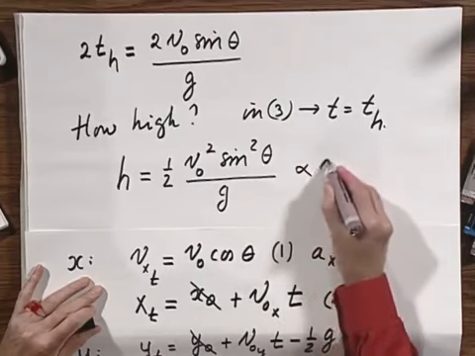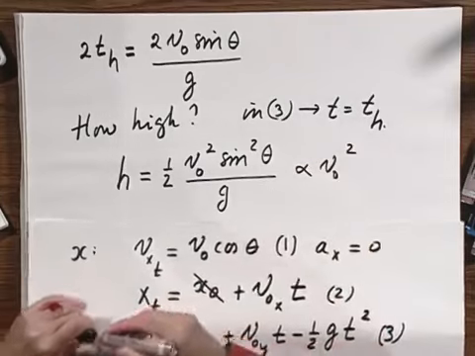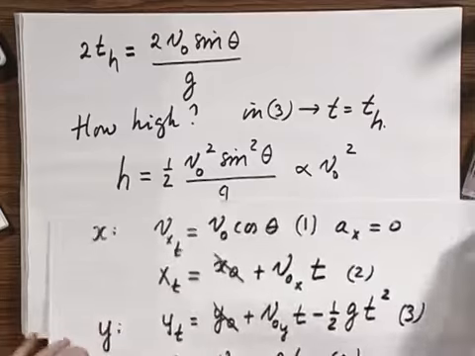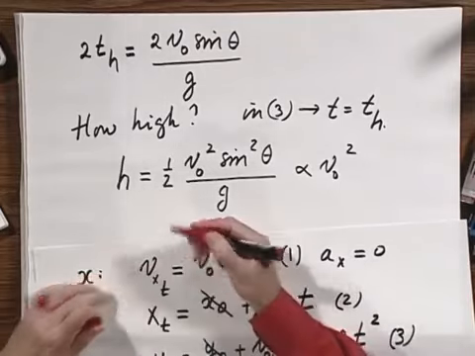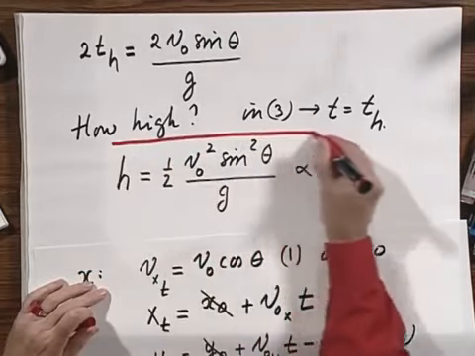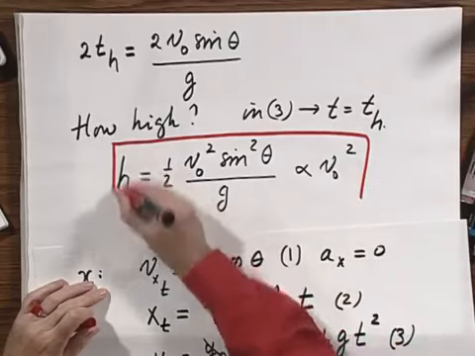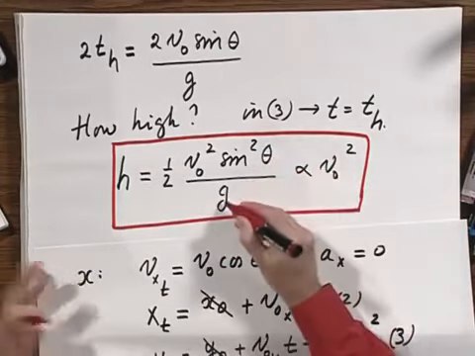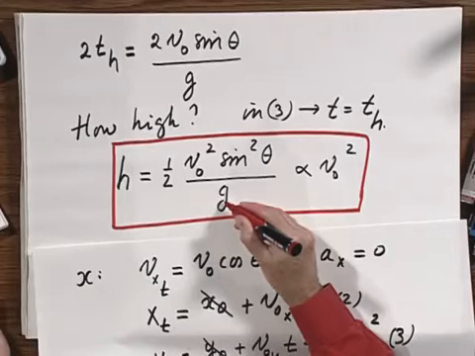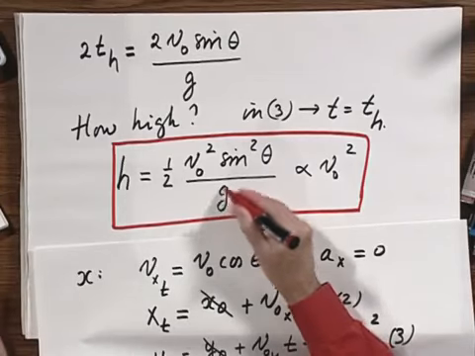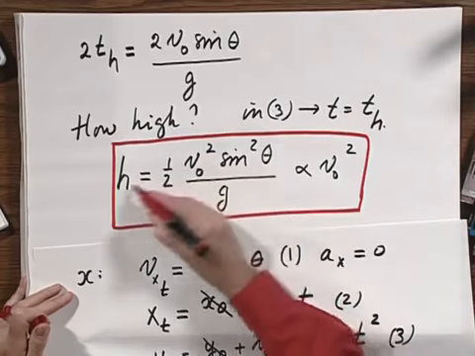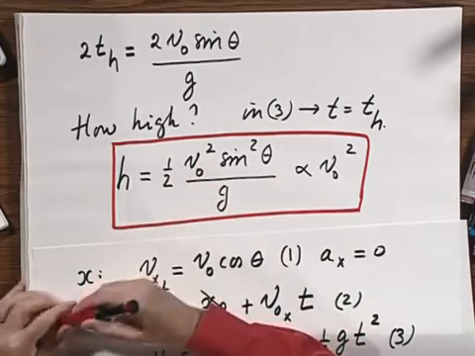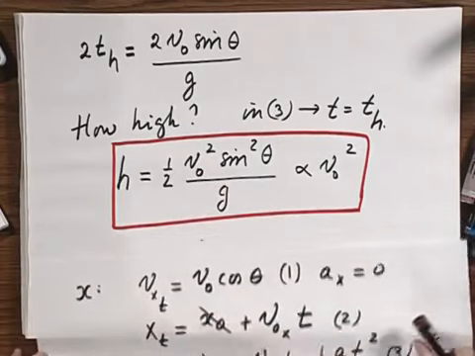And that is proportional to v0 squared. Let's also put this in a nice red frame. And so you see here that when you double v0, all things being equal, and g on the moon is the same all the time, so you don't have to worry about g, notice that when you double v0, it goes 4 times higher.